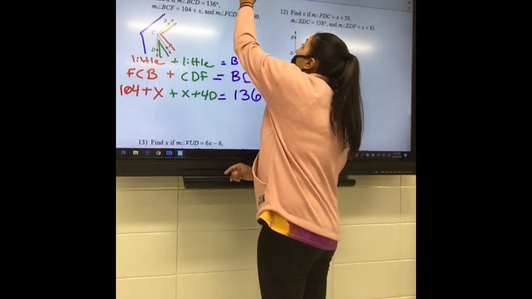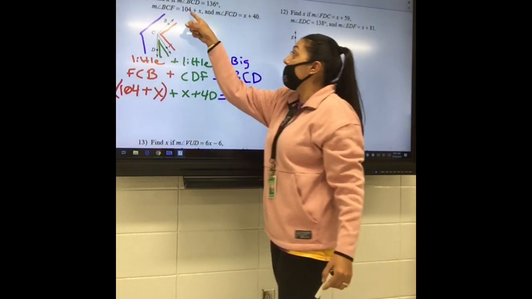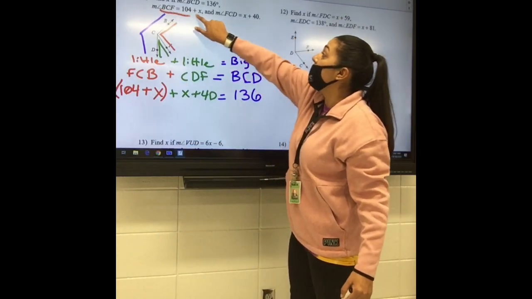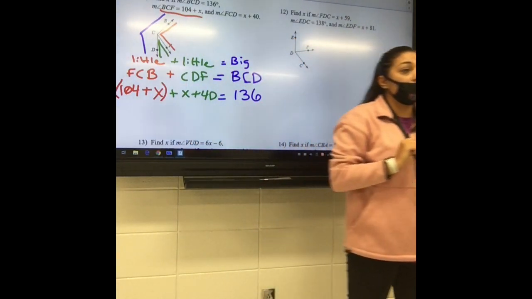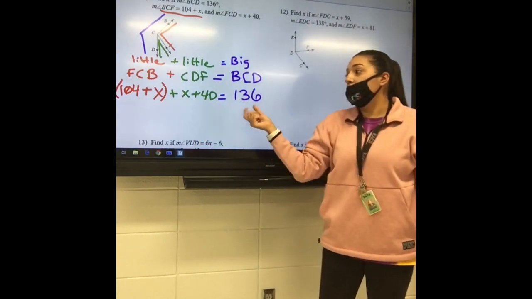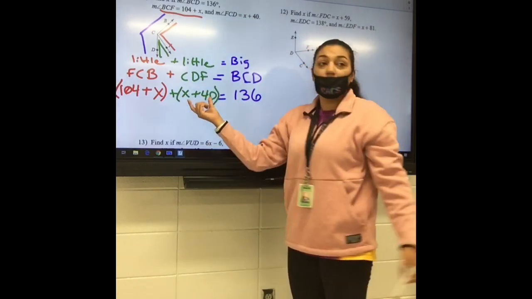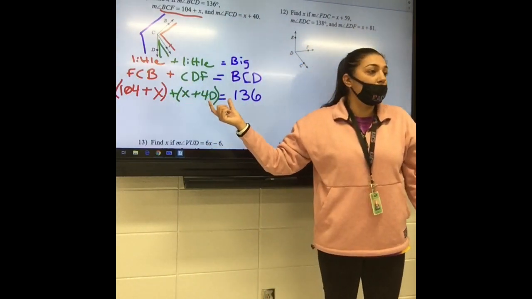Okay, our first little angle was this. It told us that BCF equals 104 plus x, so that's what I put in here. Little plus little equals big. My other little one said x plus 40. I'm just using parentheses so you can see.